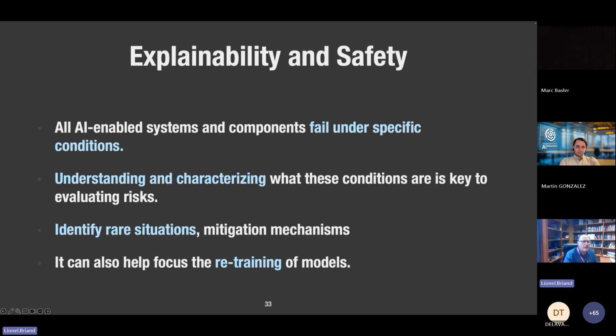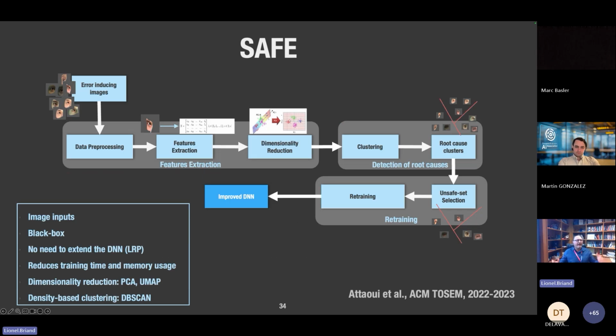And of course, you might say, well, the engineer should just look at the images that fail and figure out what happened. Well, obviously, if you have hundreds and hundreds of images, like it's typically the case, that's not something that is particularly easy to do. So engineers need help.